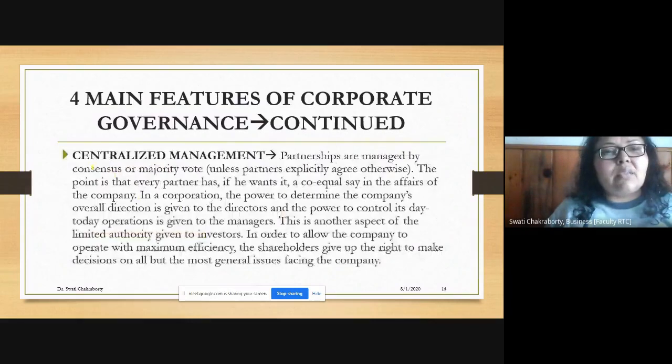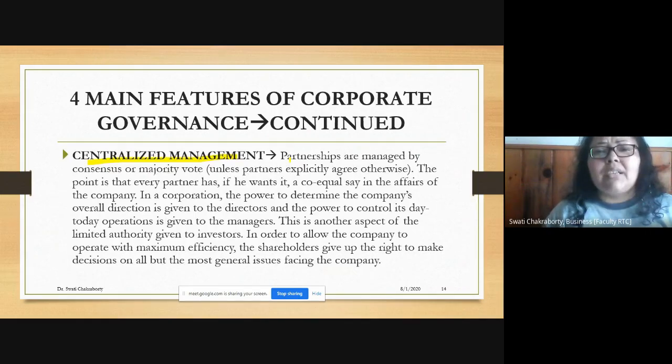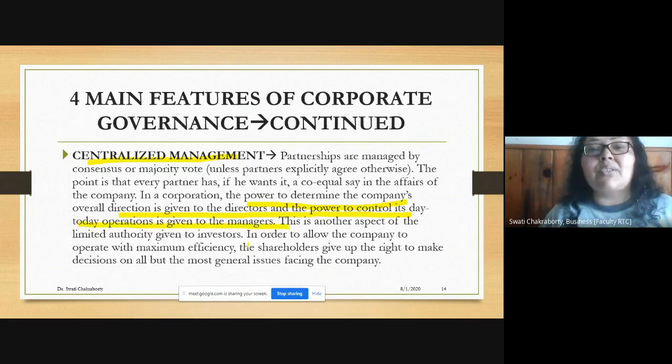The last one is centralized management. In the case of a corporation, the power to determine the company's direction is given to the directors, and the power to control its day-to-day operations is given to the managers.